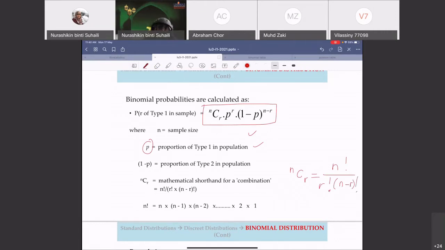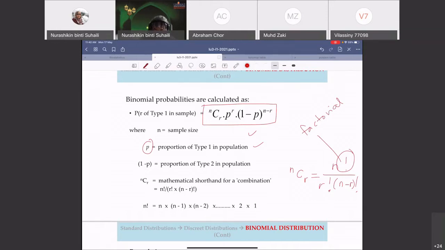This exclamation mark, we call it factorial. Remember? I think you have studied this somewhere before. It's called factorial.